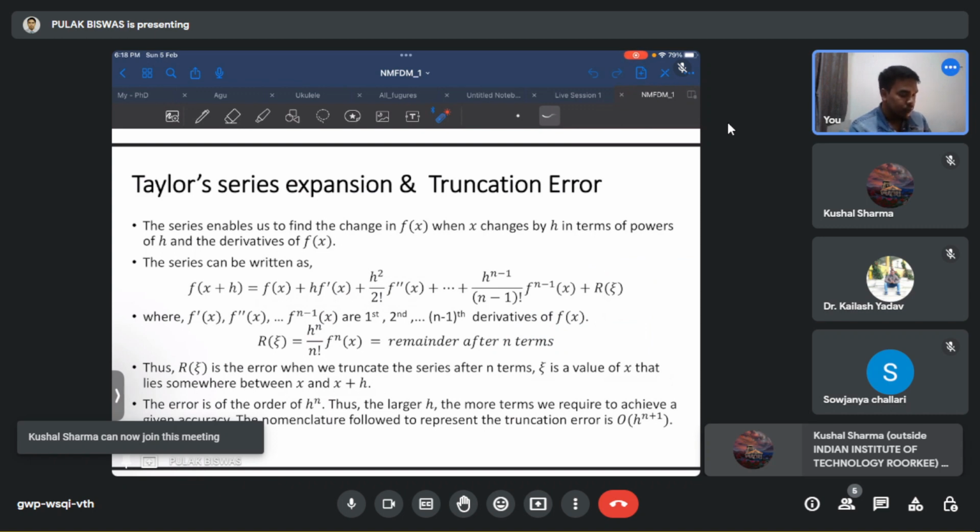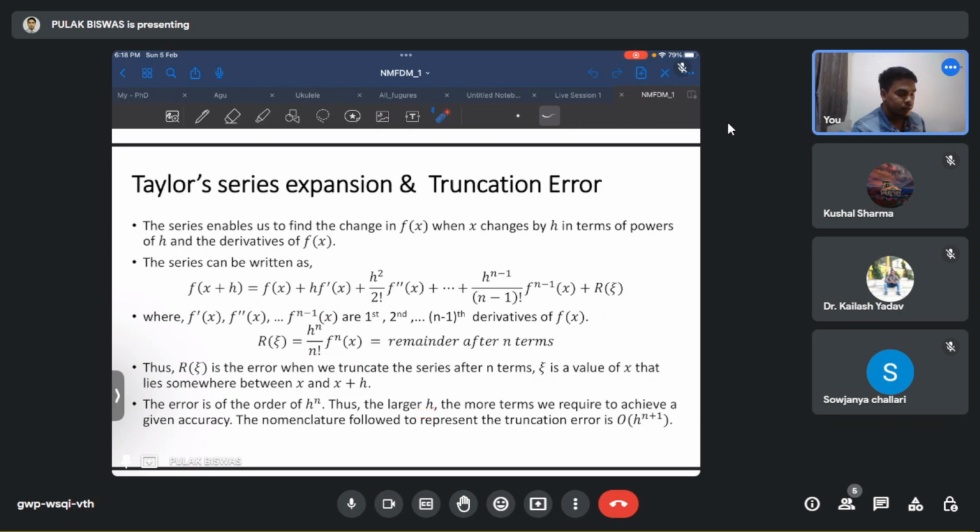So if h becomes larger, the error will be higher, and in order to achieve better accuracy we should reduce the value of h. The error is actually represented in this form, order of h to the power n plus 1 maybe.